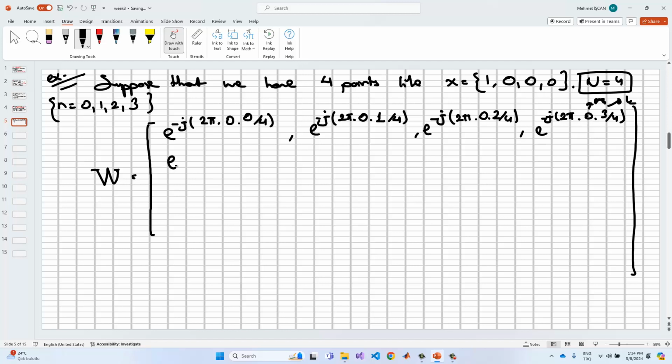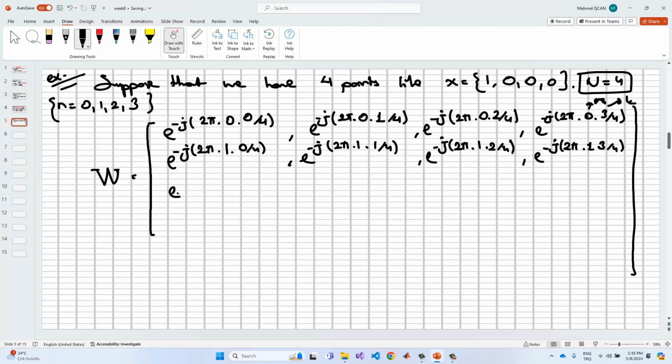At the second part, we can write e to the minus j 2 pi, and now we should write 1 times 0 divided by 4. e to the minus j 2 pi 1 times 1 divided by 4, right? e to the minus j 2 pi 1 times 2 divided by 4, and e to the minus j 2 pi 1 times 3 divided by 4, right?